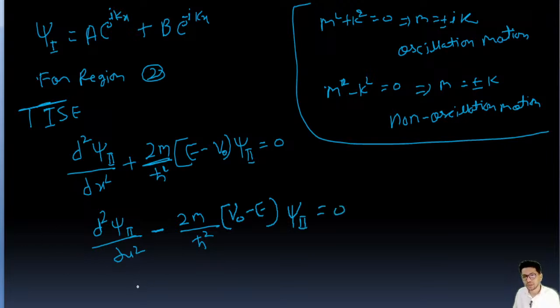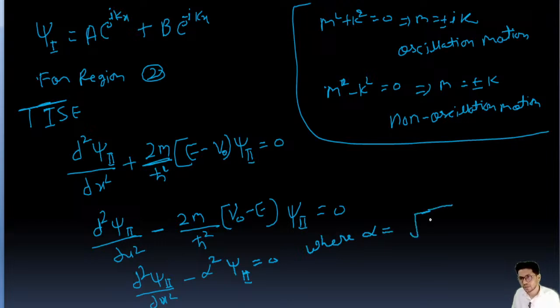So this is going to be del square psi 2 upon del x square minus k square, or we can write alpha square psi 2, equal to 0, where the value of alpha is root of 2m upon h cut square (V naught minus E).